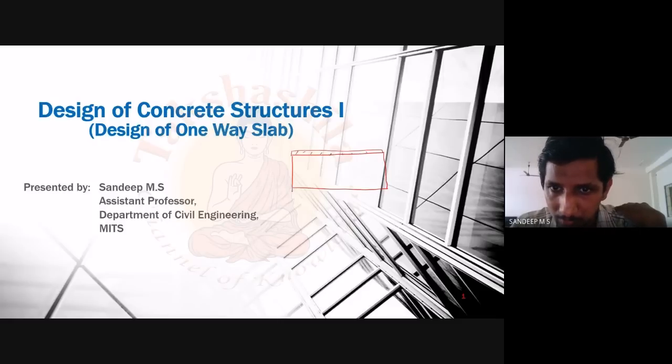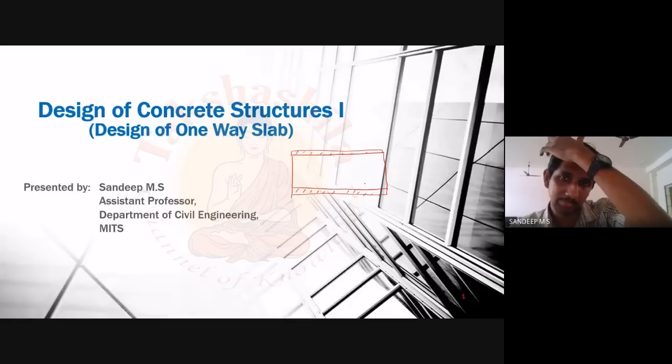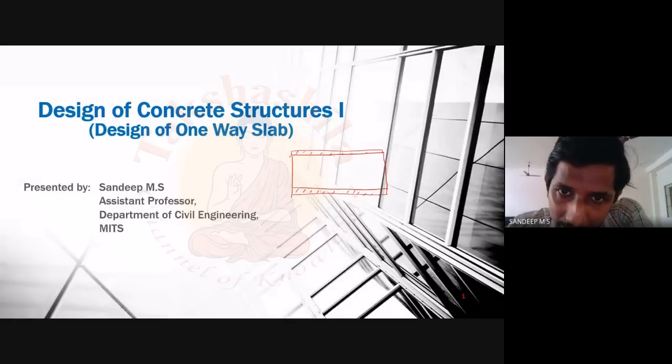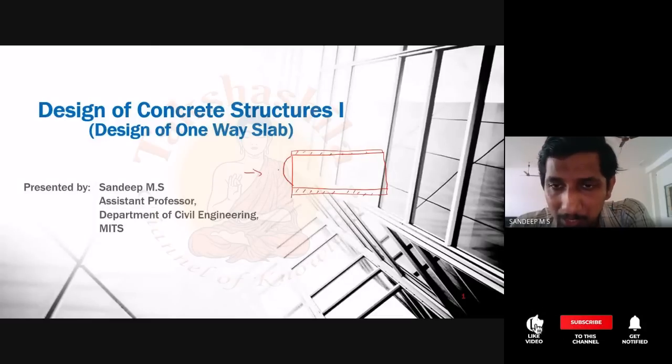Similarly here also you will be having support. Okay. So in this type of slab, the bending normally occurs in this way. If you are looking from this side, this slab will be bending like this.